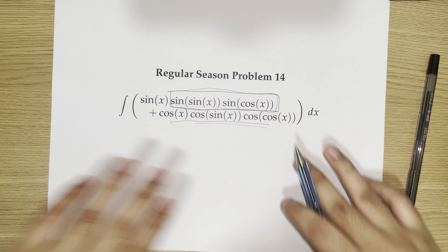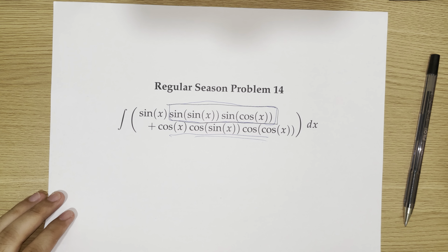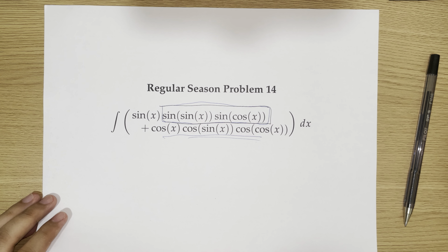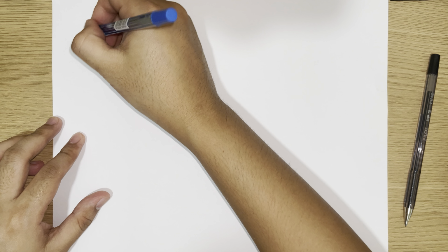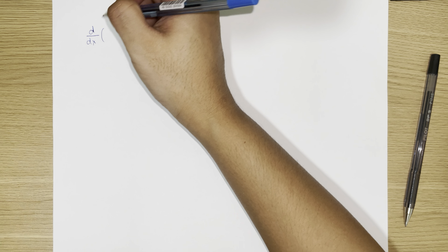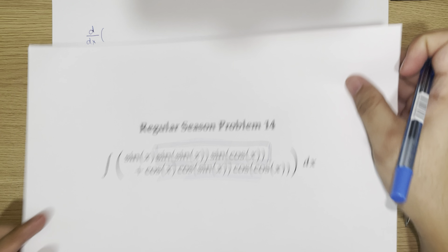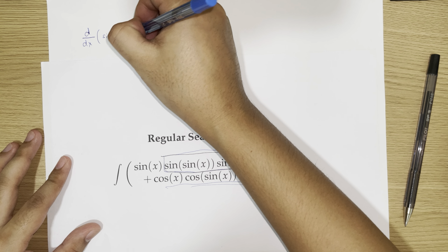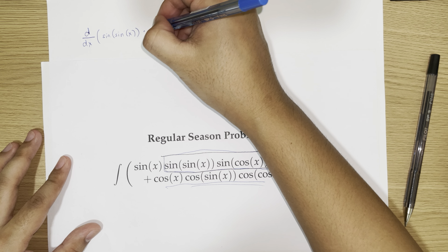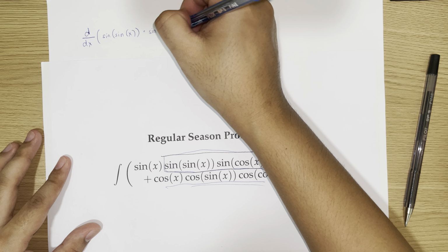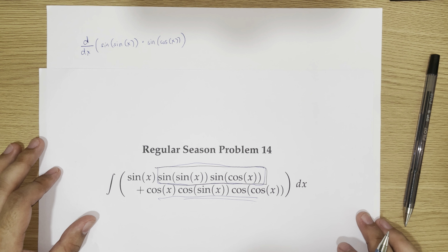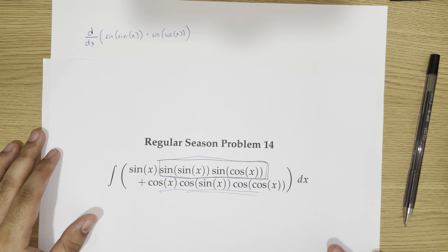So to do that, let's find the derivative of d/dx of sine of x times sine of cosine of x. This is what we will try to differentiate.